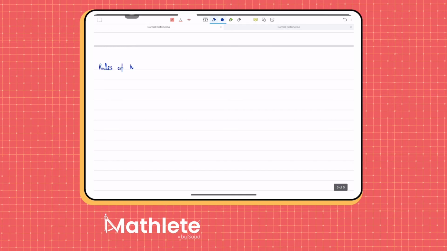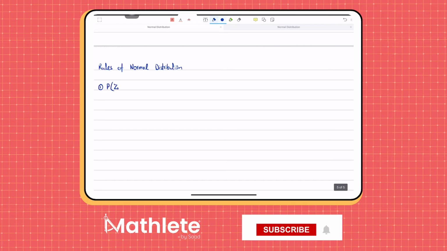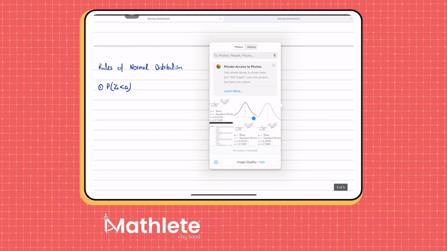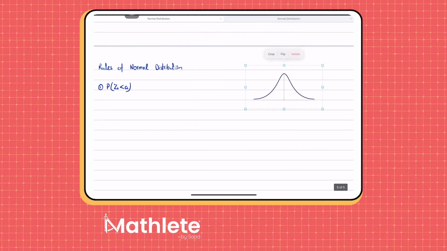Rules of normal distribution. These rules will tell you when you have to subtract or when you have to take the value as it is. So rule number 1: if you're asked to find the probability of z being less than a, where a is just a random value, what does this mean? Here is the curve, here is 0, and somewhere over here is a.